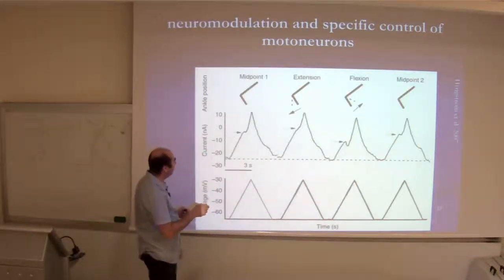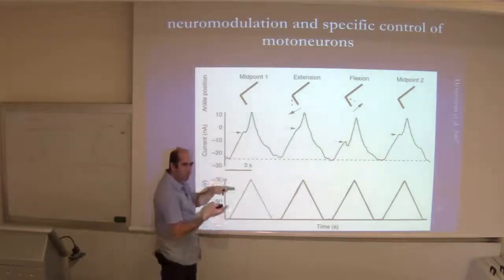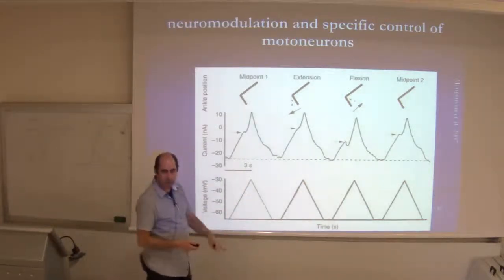So now what they do is they change the angle of the ankle, and what you see is that there are differences in the responses. Okay, and this depends also on the voltage. So the idea here is that you change the voltage because there is some voltage dependence. This is why you do that.